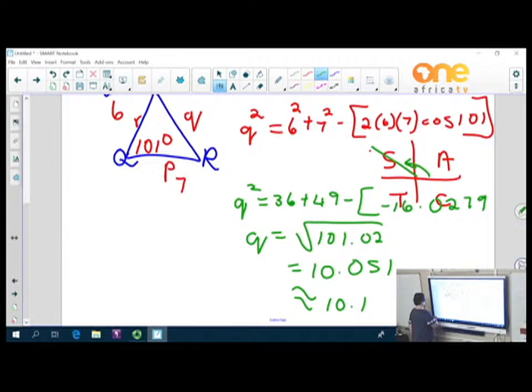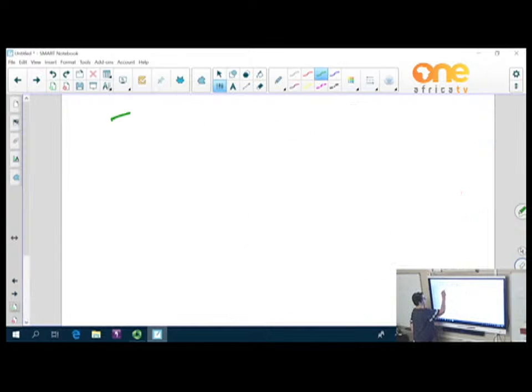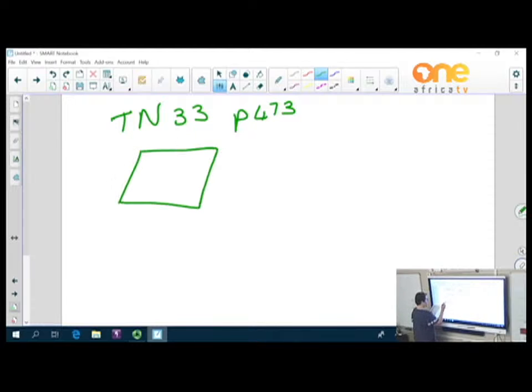And we have a little bit more of word sums here now. Try now 33. Page 473. In the diagram, we have a sketch. Let's just redraw it to follow.